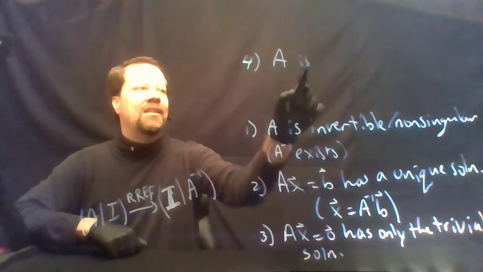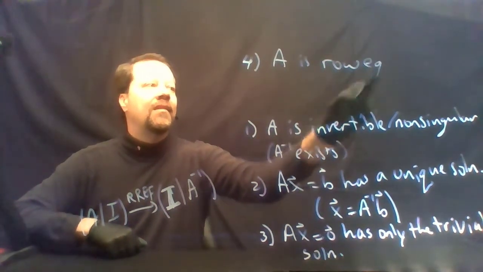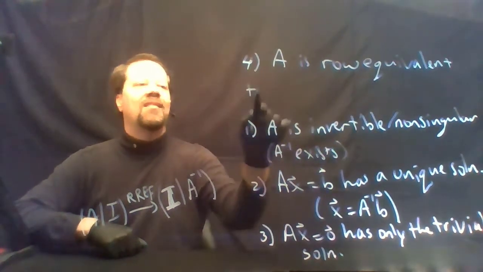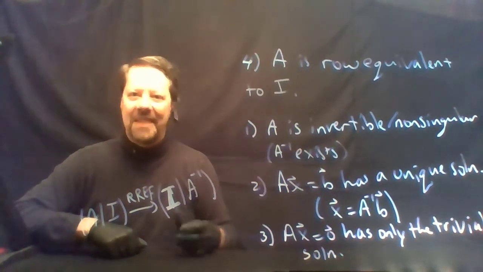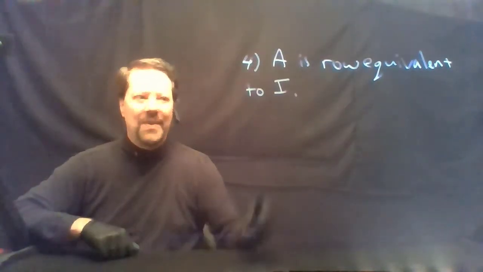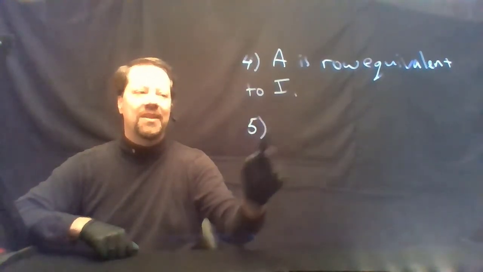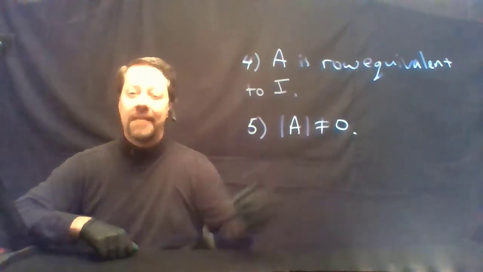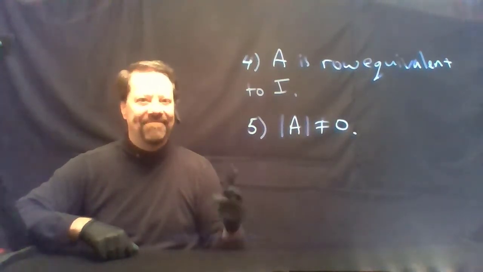So A is row equivalent to the identity matrix. To these, we can add one more important equivalence. The determinant of A is not 0.